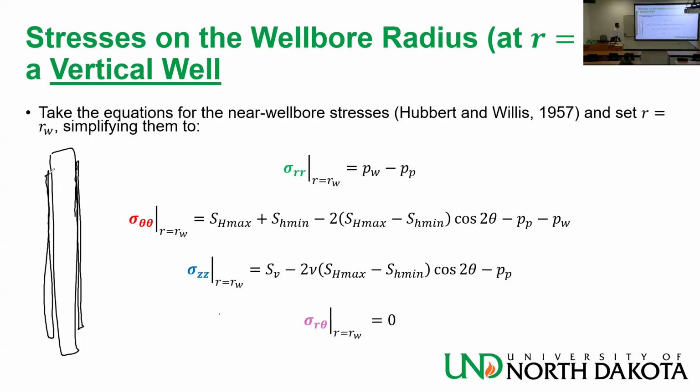Can you tell me what is the pressure at which it might peel off? What are you going to do? There is no sigma RR. Yeah, PW equals minus T minus P. Exactly. What he said was 100% right: you take this, this is your sigma 3 now. You say it equals minus T and solve for PW, and it's a very easy problem. Minus T plus PP, something like that. Excellent.